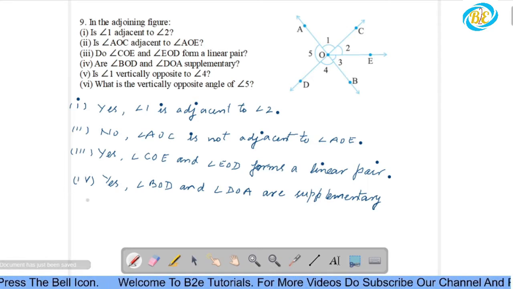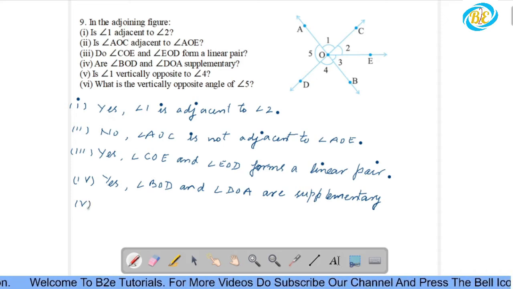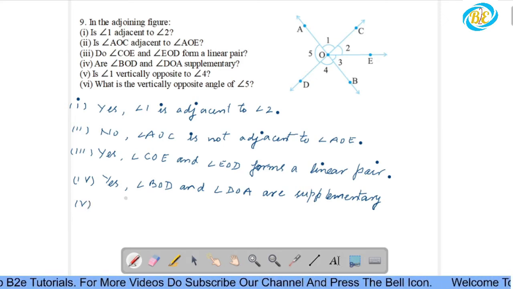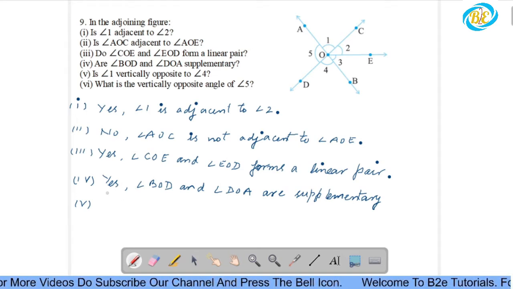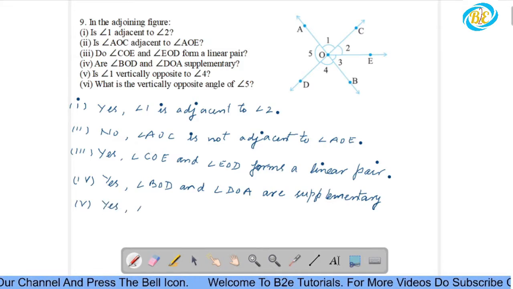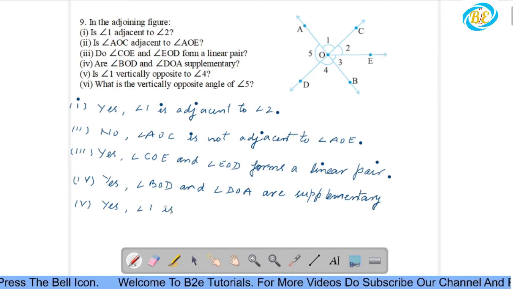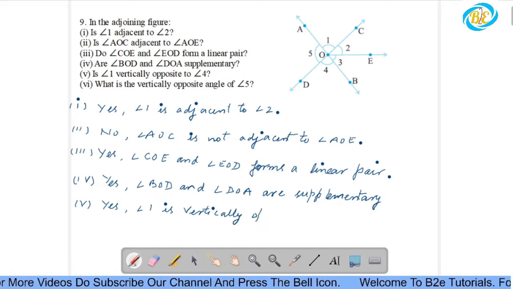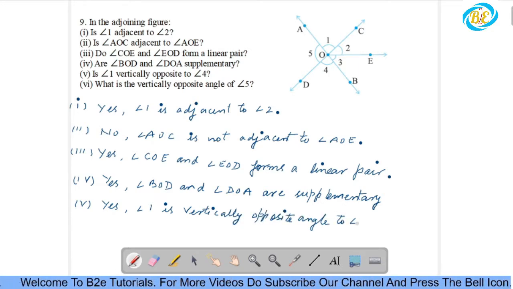Now come to fifth part. Is angle 1 vertically opposite to angle 4? Yes. Angle 1 is vertically opposite angle to angle 4.